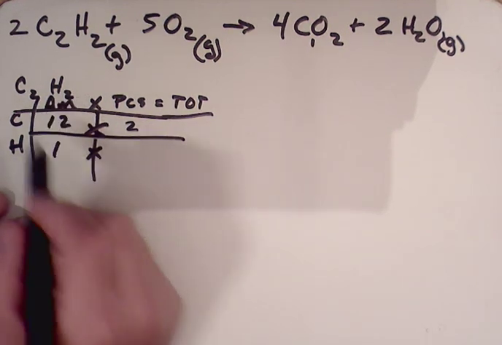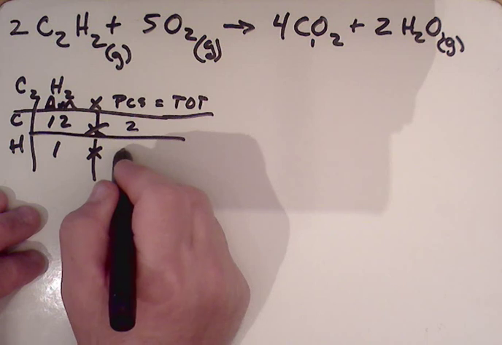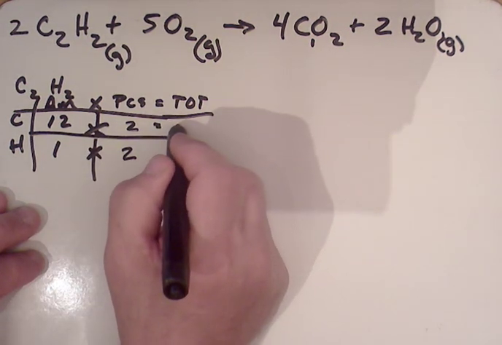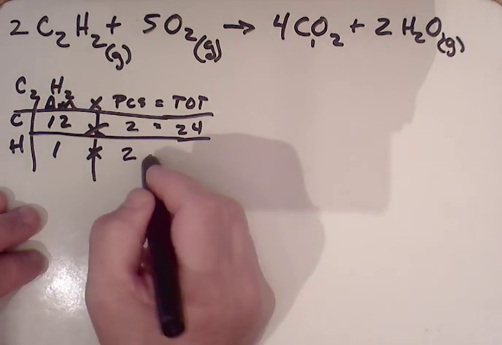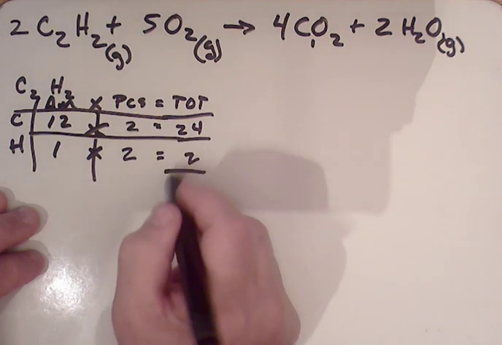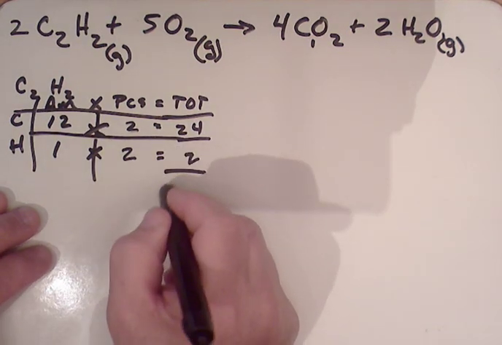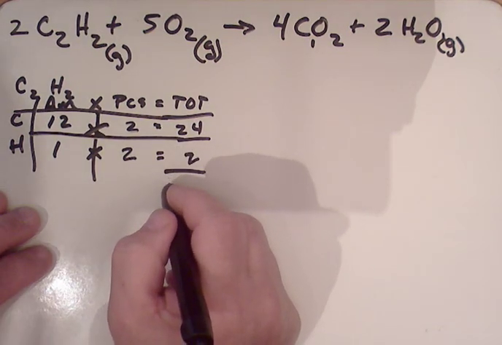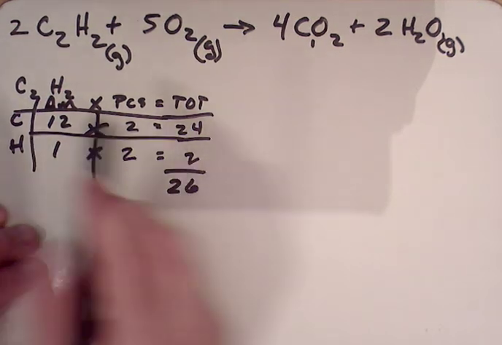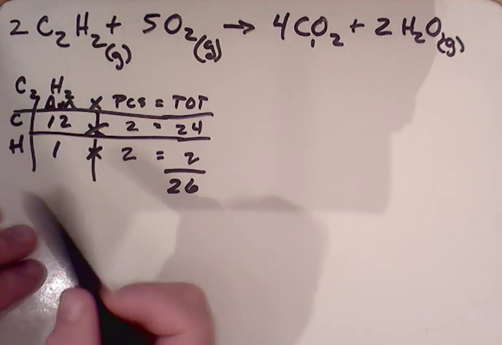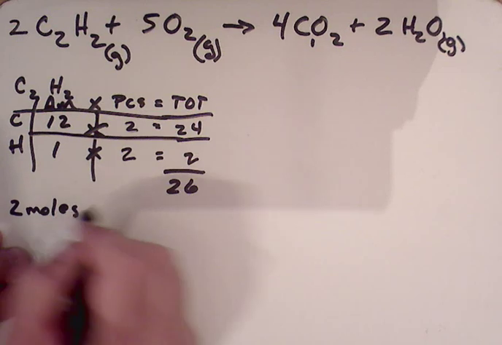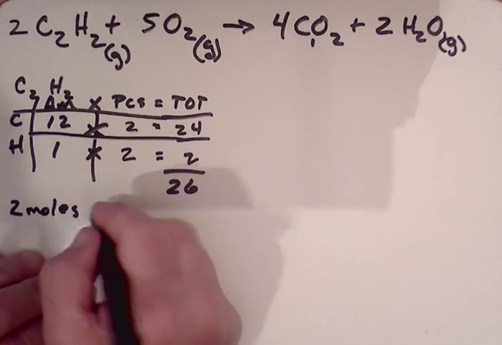We have 2 pieces of hydrogen. 12 times 2 equals 24. 1 times 2 equals 2. You add those up, you have a total of 26, and we have 2 of those, so 2 moles of C2H2.